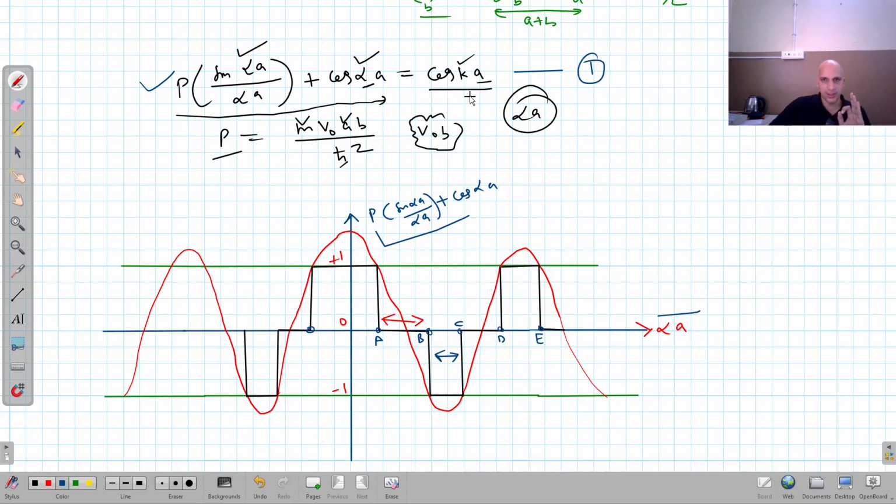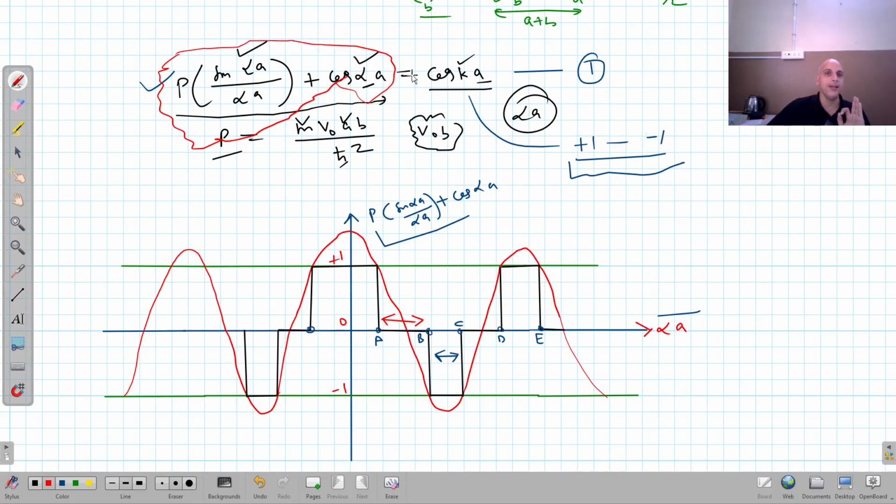So this side is limited, plus 1 to minus 1. It means if these two sides are equal, then it should be between these two limits. That's why I have plotted this side as a function of alpha a. But only those values of this side will be allowed for which the value is between plus 1 and minus 1.